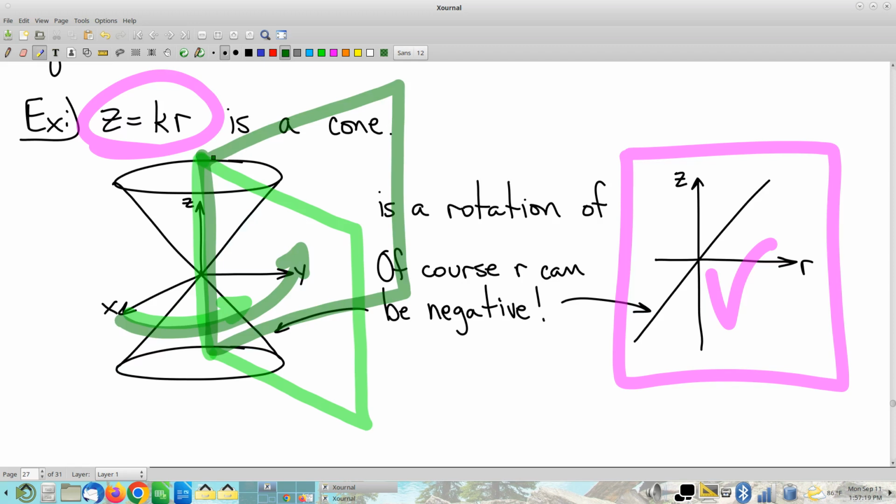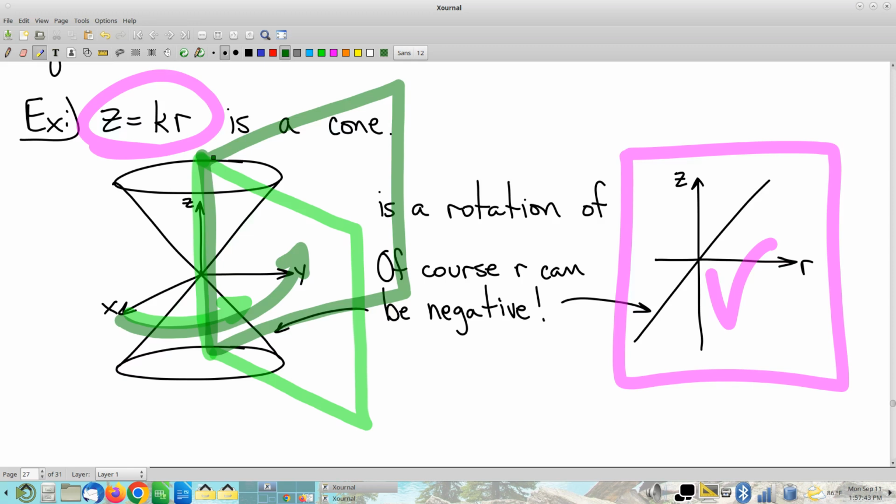So you might say, and I think this is a good way to think about it, when theta is missing from a cylindrical equation, all your theta cross-sections are identical, and therefore what you have is a rotationally symmetric surface. All the rotated cross-sections are all the same, and so it's rotationally symmetric.